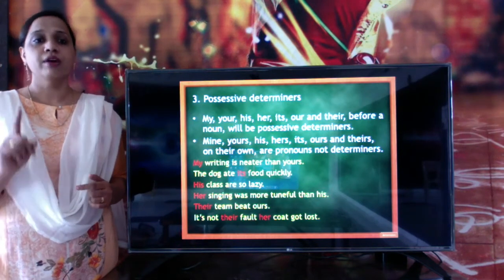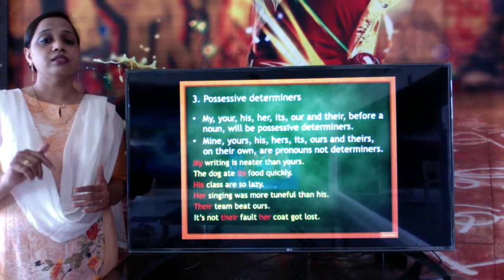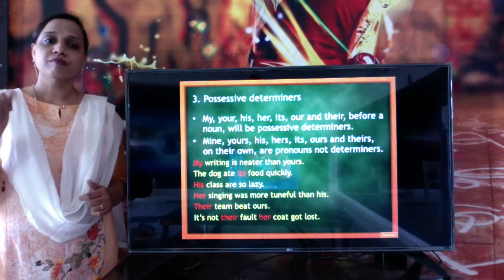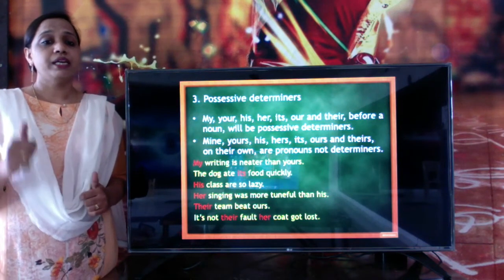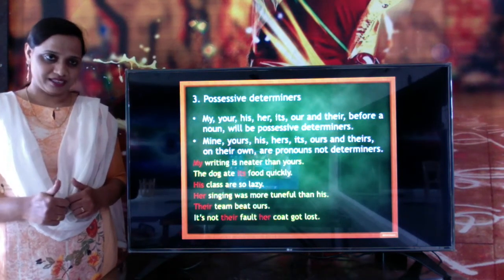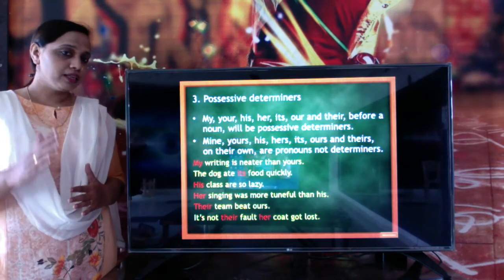Okay, possessive determiner. Her singing was much more tuneful than his. So her singing is a determiner. Their team beats ours. So this is also a determiner, because after the possessive word there is a noun.